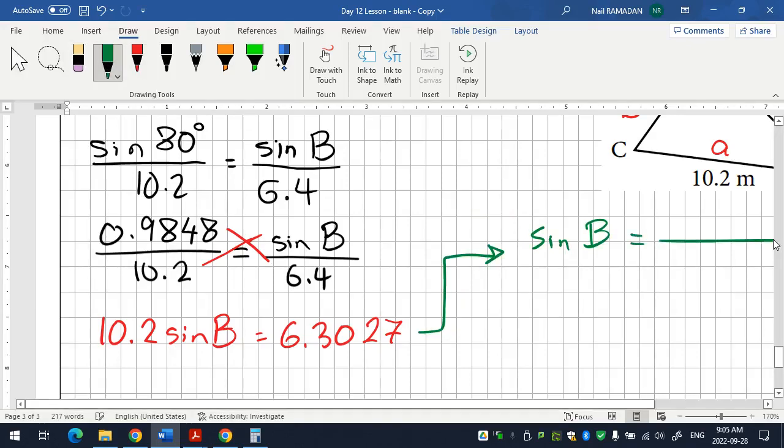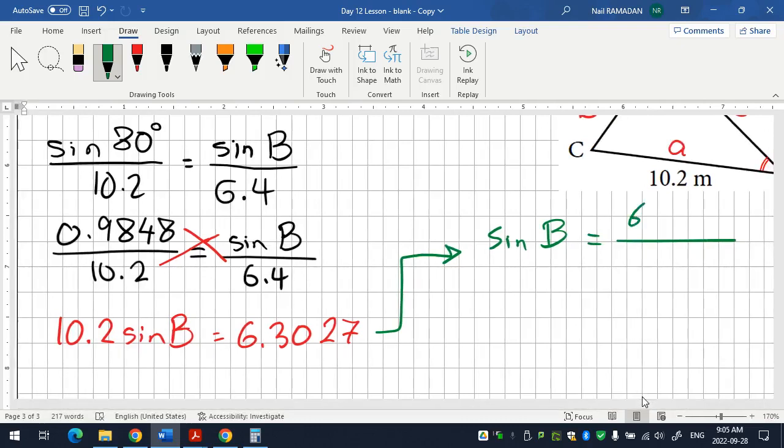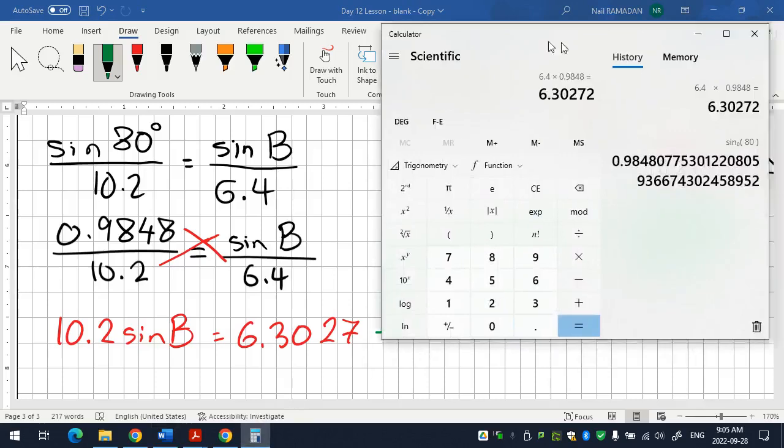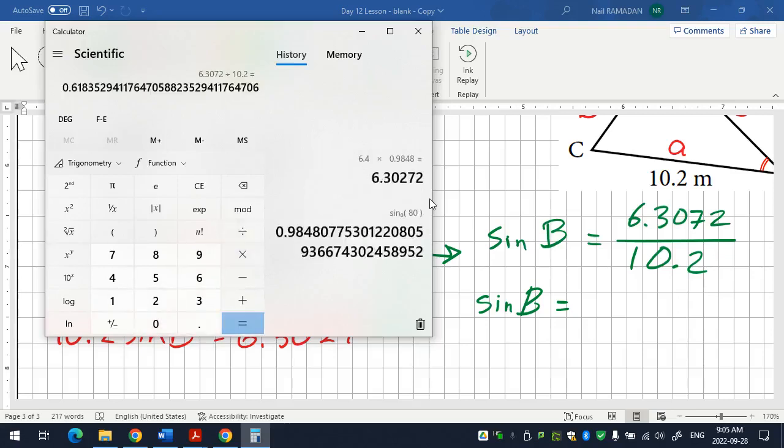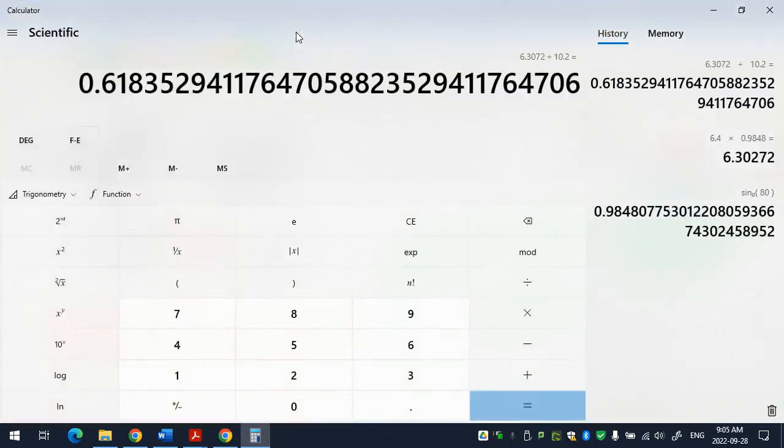Sine B equals 6.3072 divided by 10.2, which means sine of B equals, okay, get me a decimal. 6.3072 divided by 10.2. Okay, now we take 4 digits as usual.